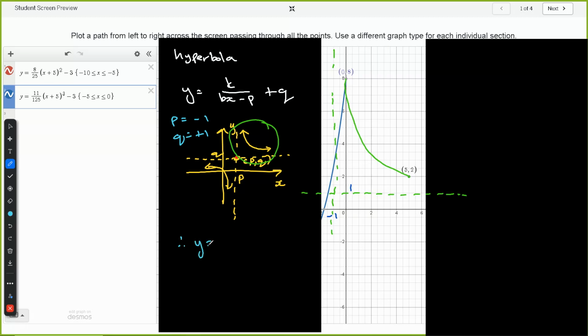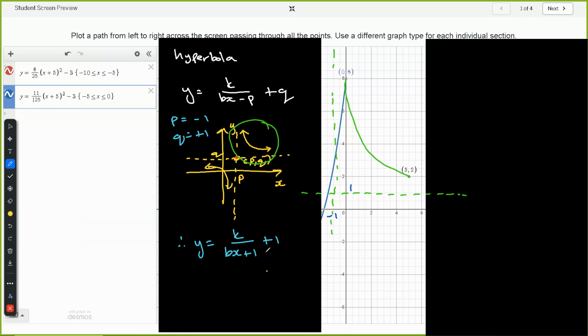I'm going to substitute this into the equation. I get k over bx. Now -1, remember, is going to become +1 at the bottom there, because it's a positive. And then at the same time, q is going to be +1 as well.